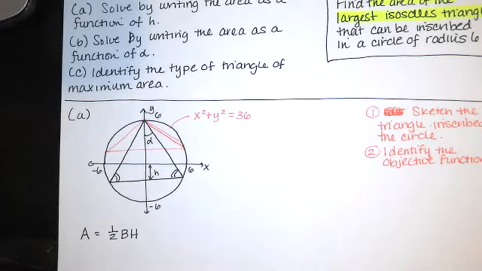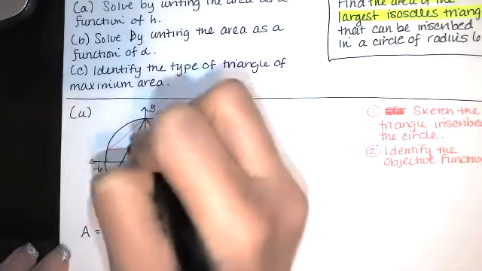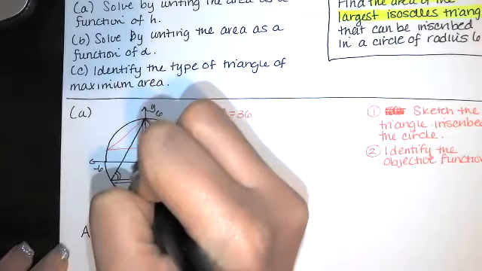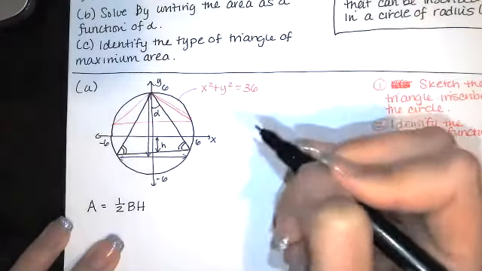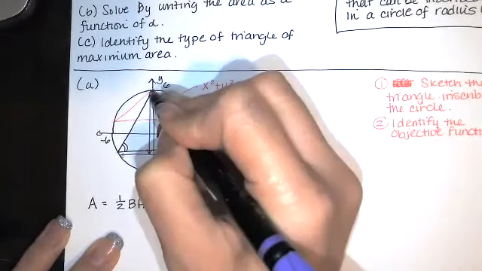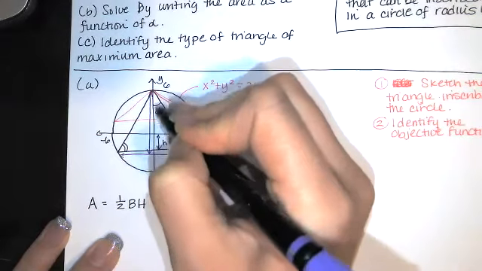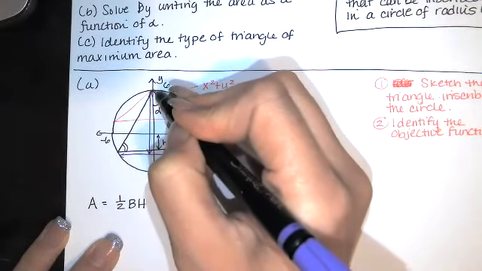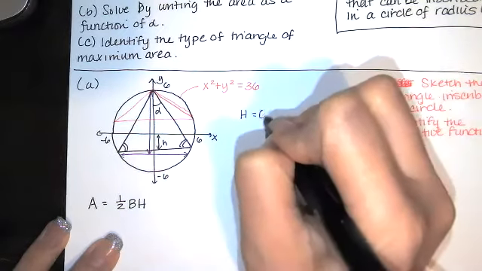Now the base is this distance from here to here, and the height is that distance from there to there. The height is actually pretty easy. It's this 6, that distance 6 from the origin out to the outermost point on our circle. That's 6 plus h.